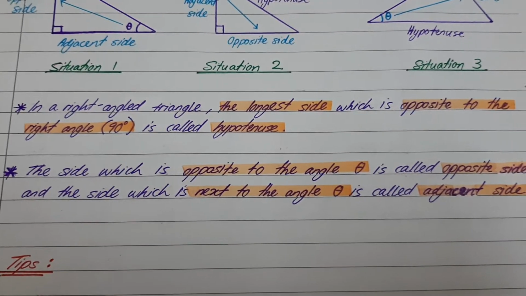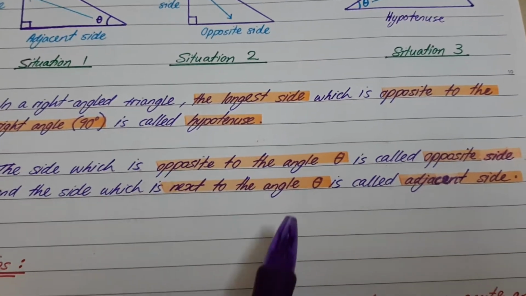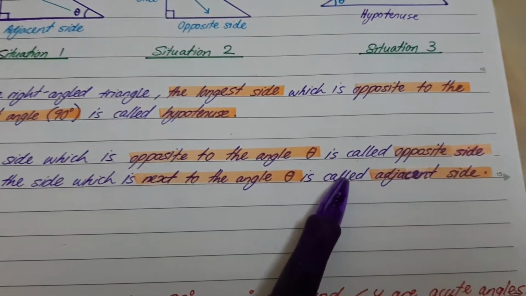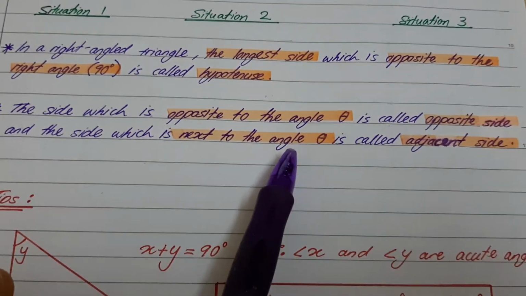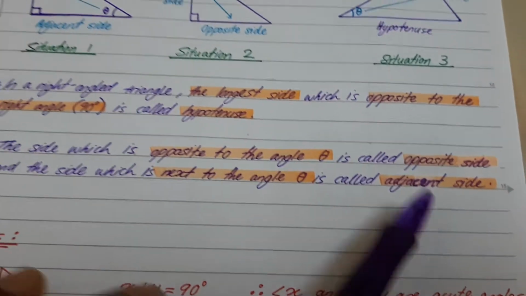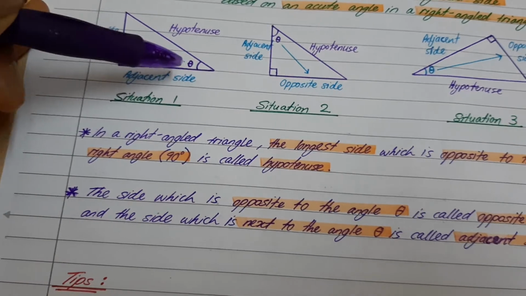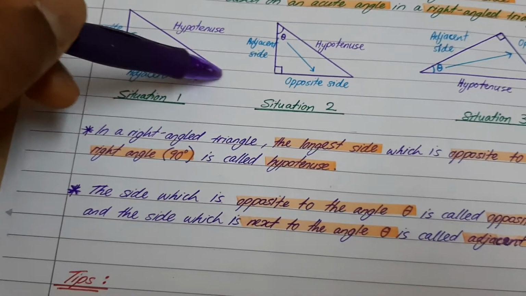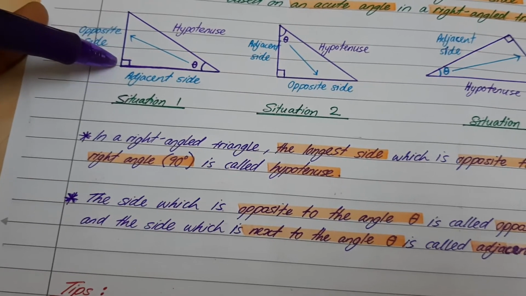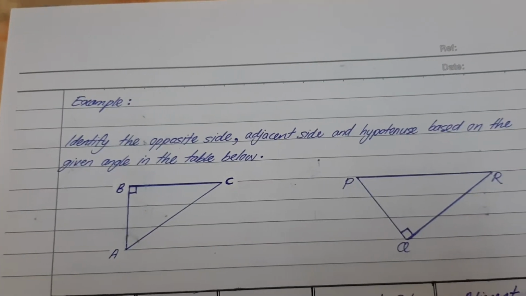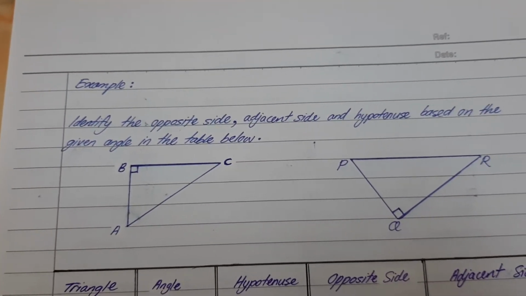The side opposite to the angle theta is called the opposite side, and the side next to the angle theta is called the adjacent. Again, if this is your angle, the line next to it is adjacent, and the line opposite is the opposite side.